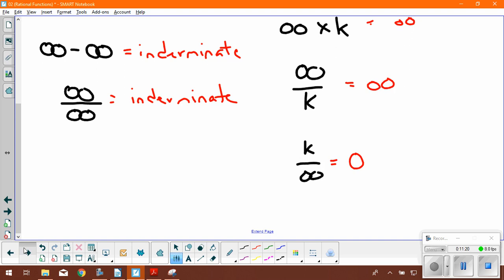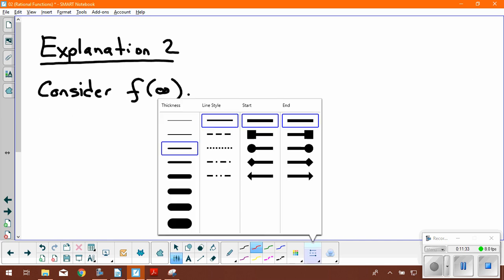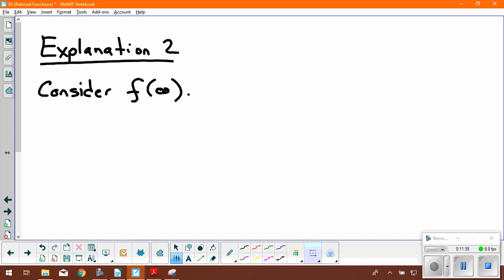Okay, so that last little bit is what's going to inform our second algebraic explanation of that asymptote. And yeah, this one you might want to take down because it's probably the more useful of the two. Right? If we want to check the end behavior, so what happens at infinity, well, we'll just plug in infinity and see what happens using the rules we just had.